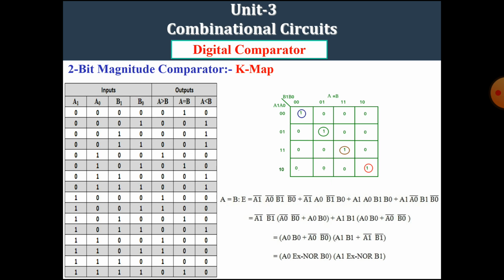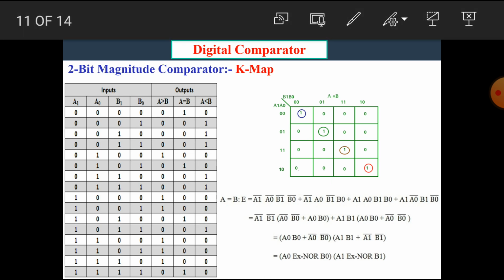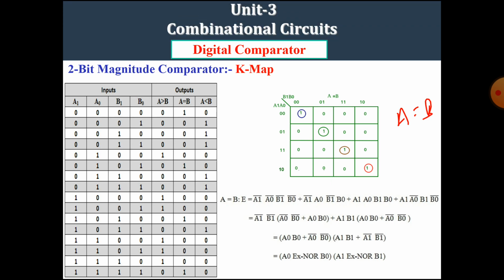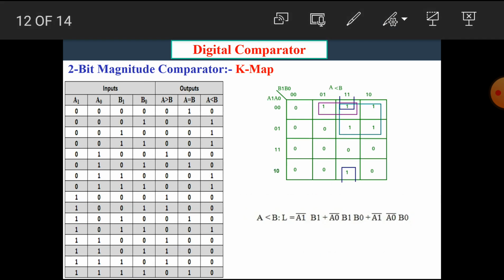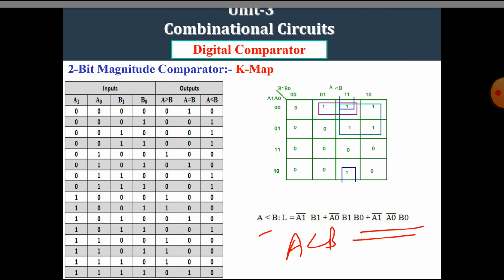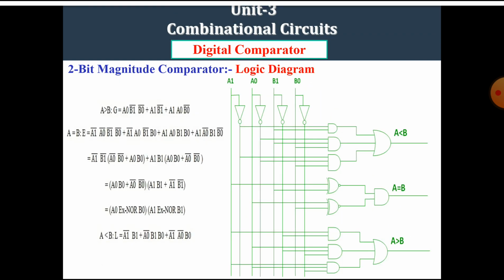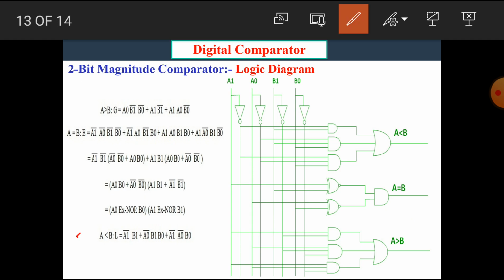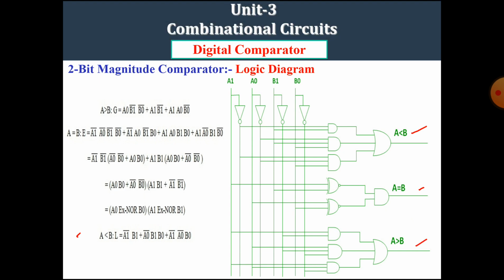Similarly, we can find the equation for A equal to B and the equation for A less than B like this. Then after getting the equations, we can draw the logic diagram for A less than B, A equal to B and A greater than B.